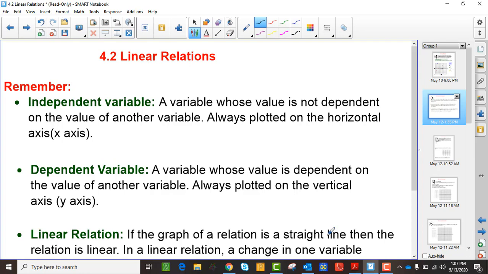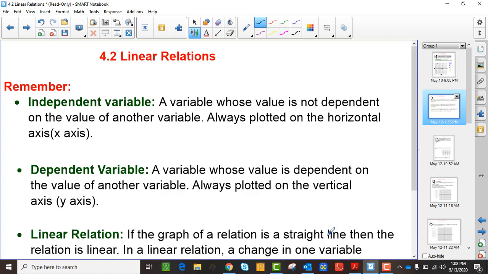It's the variable whose value is not dependent on any other variable. So generally when we graph situations, it's going to be something like time. Okay, time is an independent variable. But we'll look at each situation to decide which one is it that we get to decide or that we change. That's the independent variable. The dependent variable is the variable that is dependent on the independent variable.